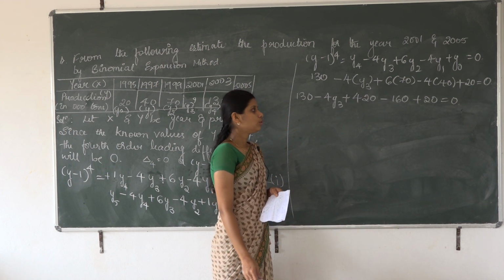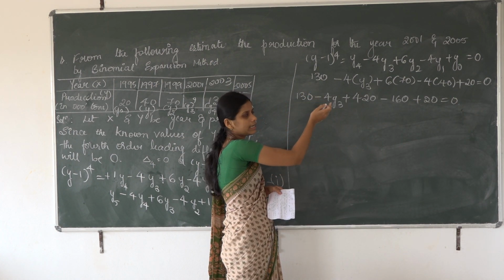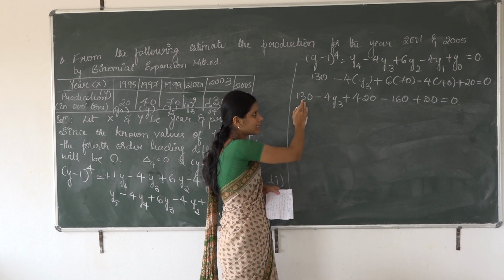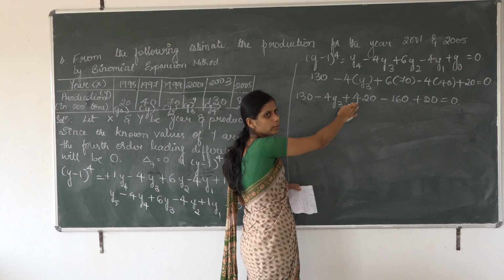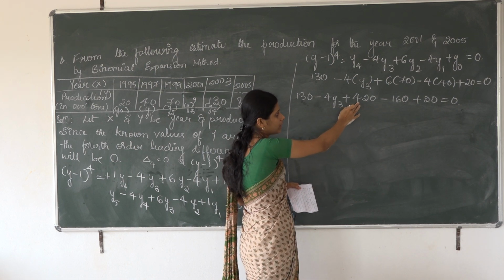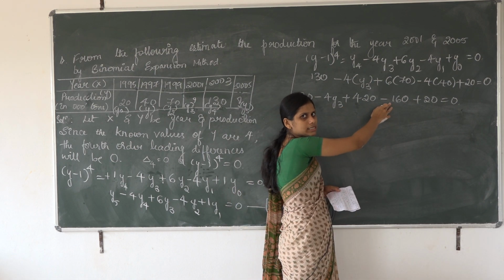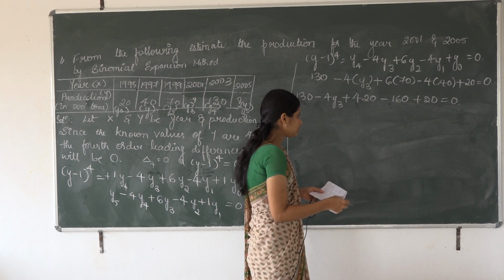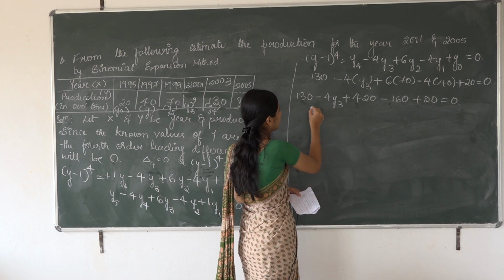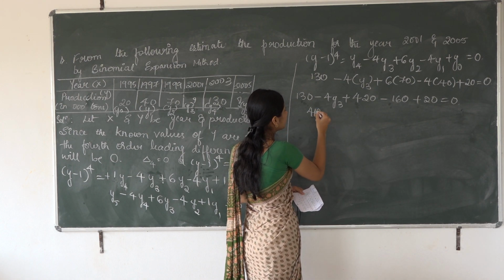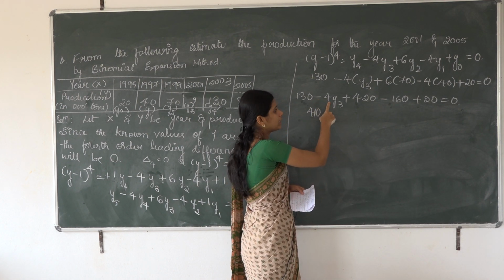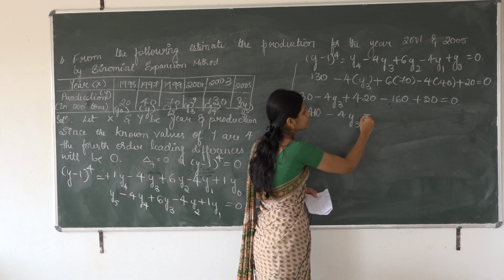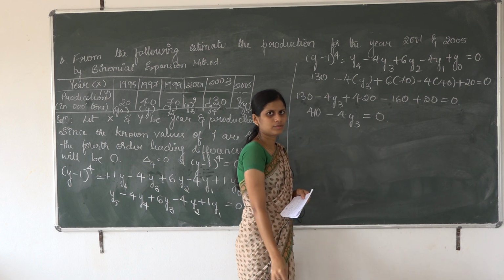After this, you have to add or deduct the values in this equation. 130 plus 420, it is 550 minus 160, 390 plus 20, 410. So 410 remaining is minus 4y3 is equal to 0.